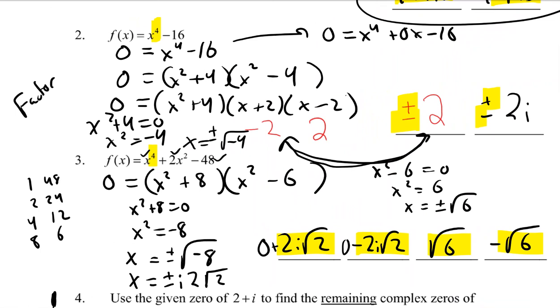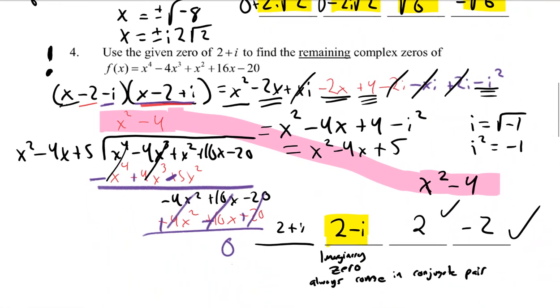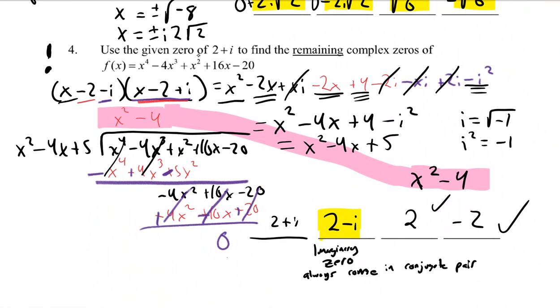So for questions 2 and 3, I factored both of those, set each factor equal to 0, and found the zeros. Degree 4 means 4 zeros, degree 4 means 4 zeros. Question 4 was the hardest one because we had to know that imaginary zeros come in conjugate pairs. They gave us 2.